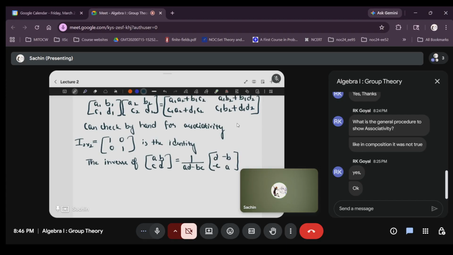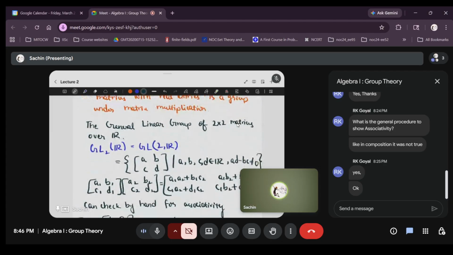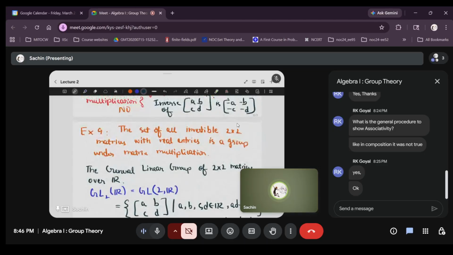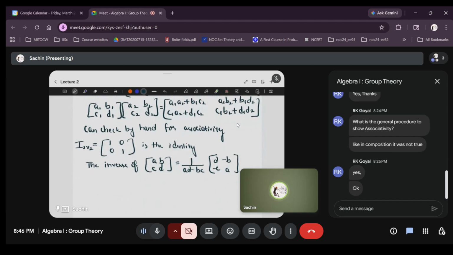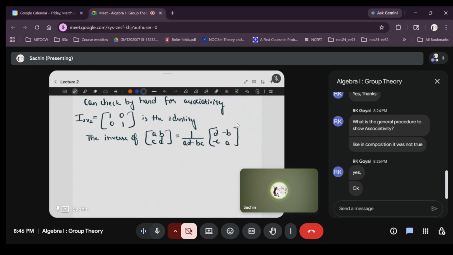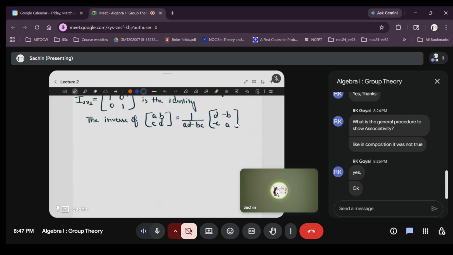And so we have associativity that I won't show, but we can show it. We have the identity, we have the inverse, and we have to check closure. It is closed. Why is it closed?